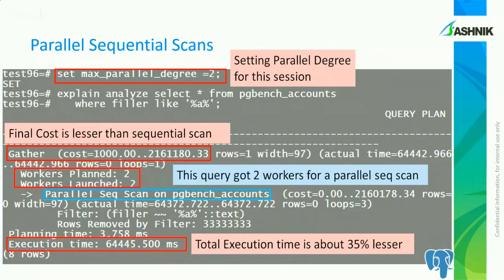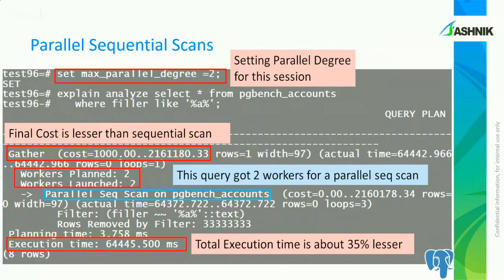See, as highlighted on the screen in the blue rectangle, that parallel sequential scan is happening, and that is an input to the gather node in the explained plan.